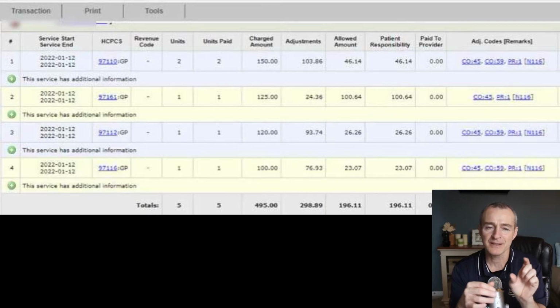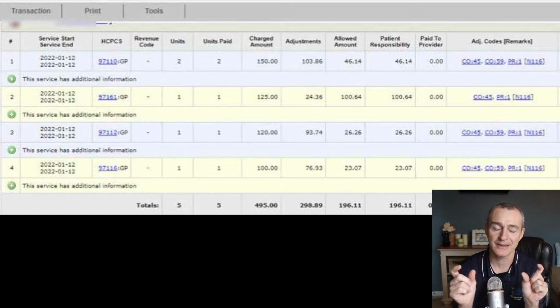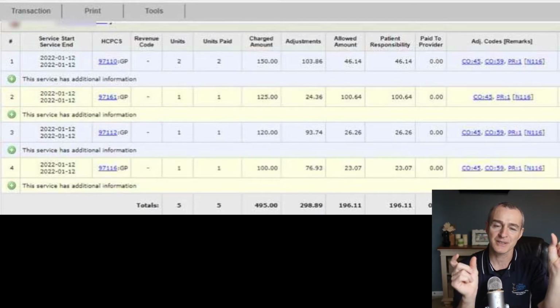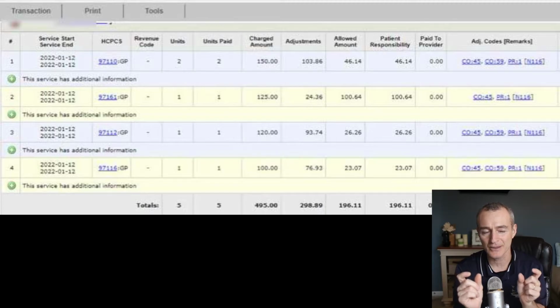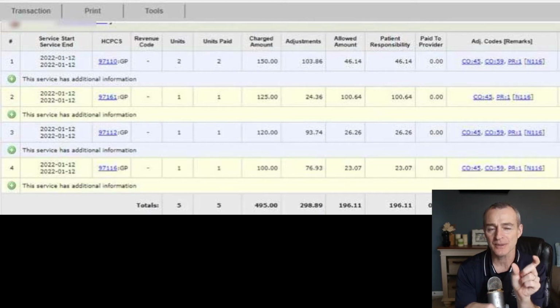So the adjustment is just going to reflect the difference between the charge amount and the allowed amount. If the charge amount is higher, the adjustment amount will be higher. If the charge amount is lower, the adjustment amount will be lower. As long as the provider is charging more than the allowed amount, there's always going to be a number in the adjustment column.